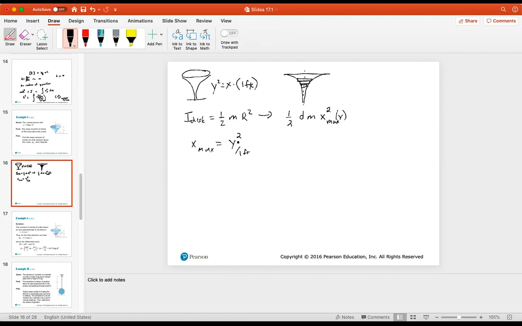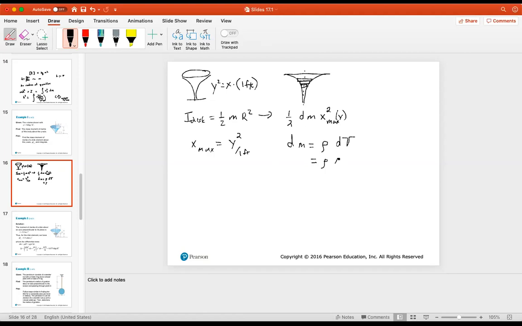Okay, so that's easy enough. I'm almost done. The only thing that remains is to sort out dm. And as usual, dm is going to be equal to rho times dv. And for a washer, or for a disk, dv is simply the volume of that disk.